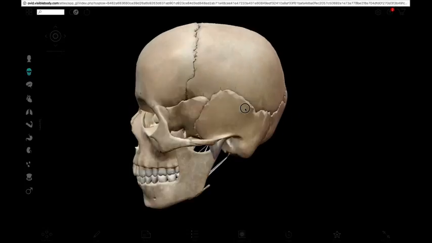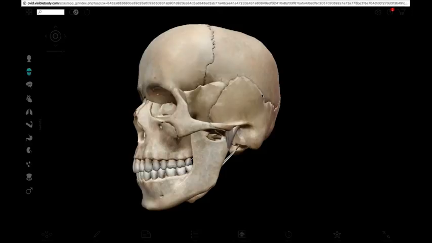Okay? And obviously, because those cranial bones aren't united, if there's increased pressure, the cranial bones could expand and hydrocephalus could actually occur. So that's kind of important with an increase in intracranial pressure.